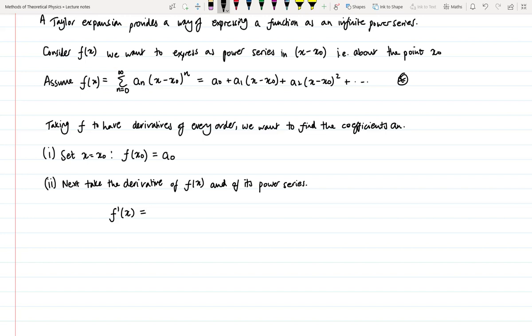The term after that, a1 times x minus x naught, is going to give us the coefficient a1 on differentiation. And then continuing, we'll get 2 times a2 lots of x minus x naught, and we get 3 a3 lots of x minus x naught squared, and so on. As before, we then consider what happens if we set x equal to x naught, and this gives us that the first derivative of the function evaluated at x naught is the coefficient a1.